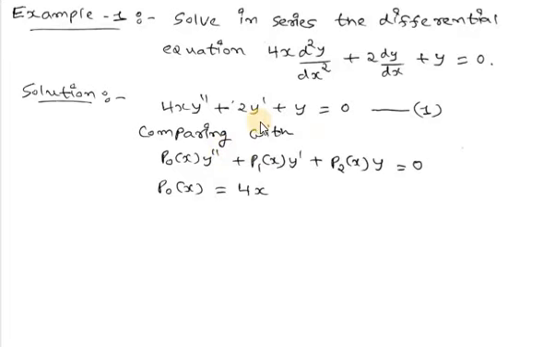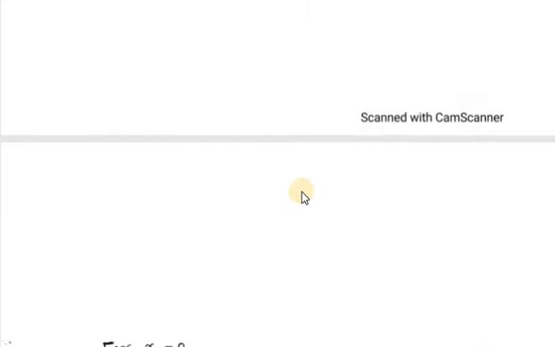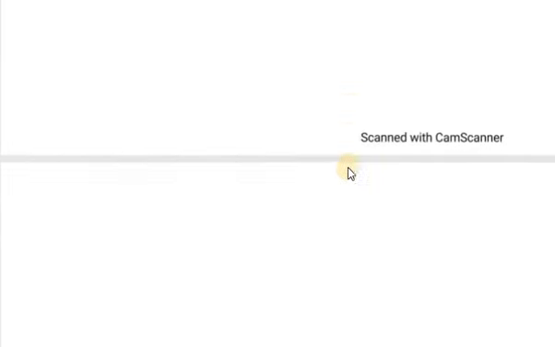Now comparing this equation with the standard form p0(x) y'' plus p1(x) y' plus p2(x) y equals 0, by comparison we have p0(x) equals 4x. Now for x0 equals 0, by default we will take the point x0 equals 0 if it is not defined.